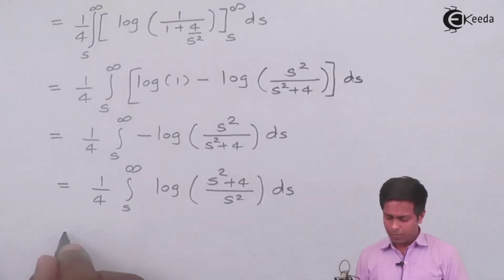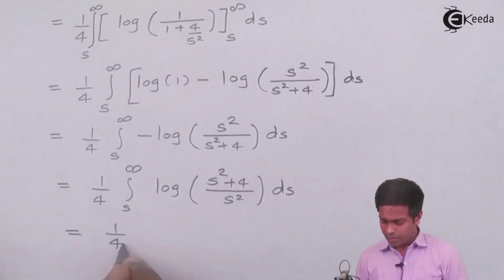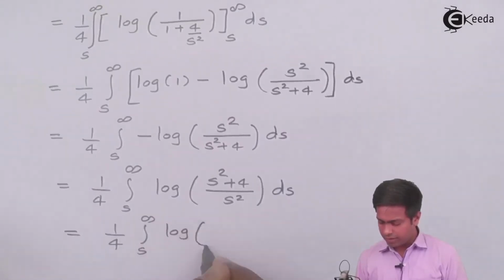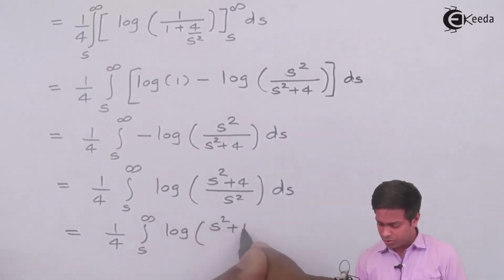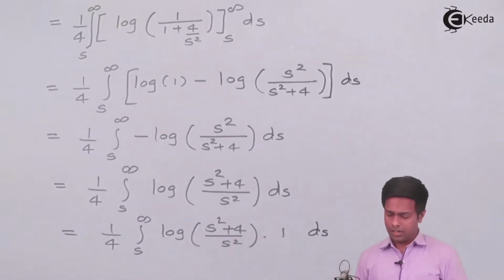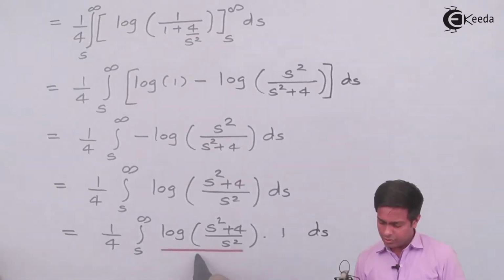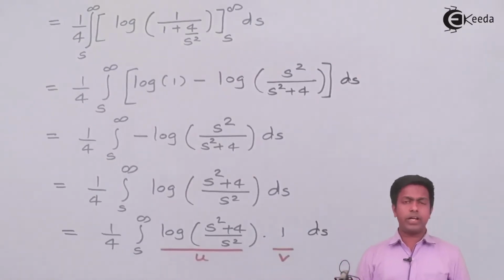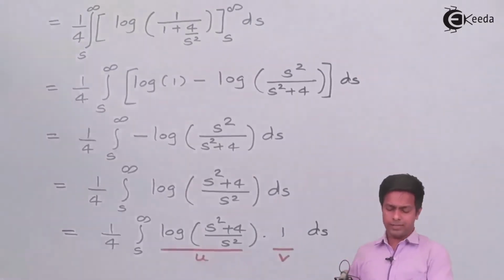So this will become 1 upon 4 integration s to infinity log of (s square plus 4) upon s square into 1 ds. And guys, I'll call this as u and this one as v. Now we all know the formula for integration of u into v. I'll apply that.